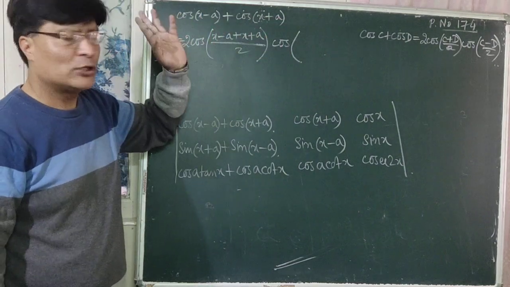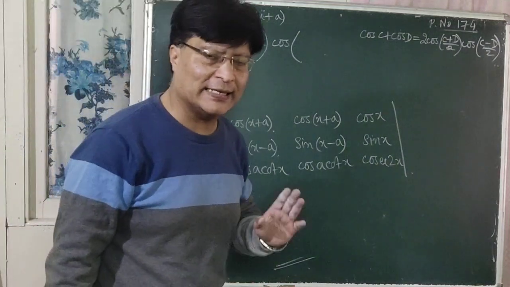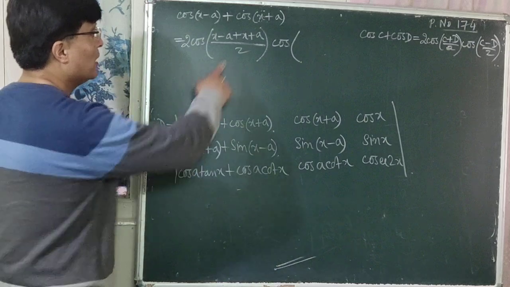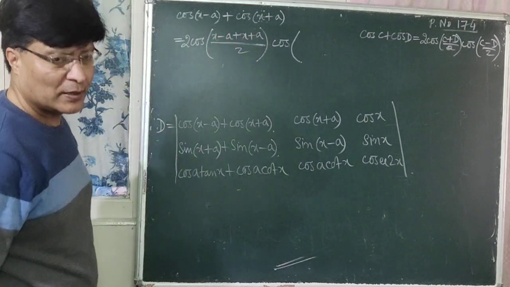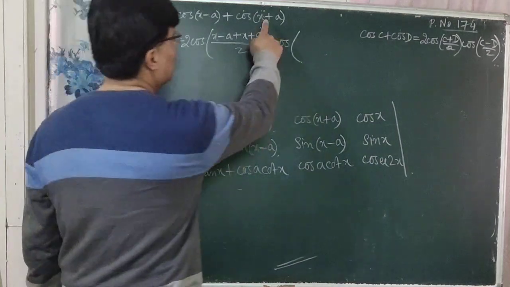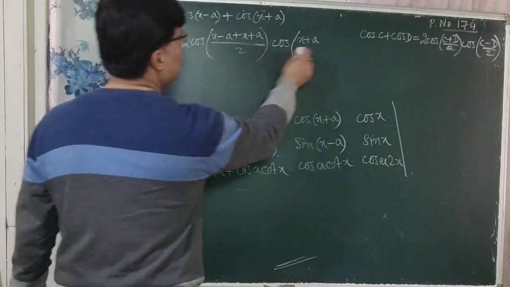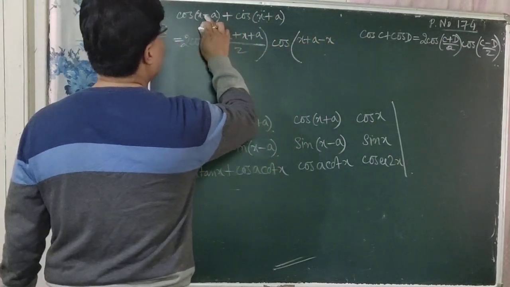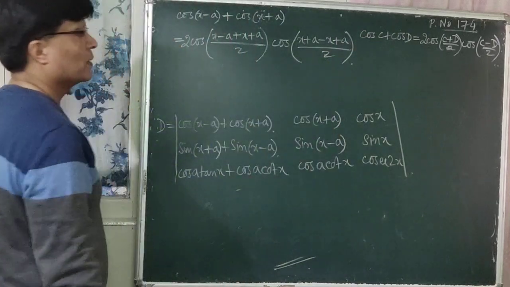Usually we take the greater number as c and smaller number as d. So writing x plus a first and x minus a after, the sum comes the same. Then in c minus d, we write first x plus a then minus d. What is minus d? Minus x minus into minus plus a divided by 2. Is that clear?